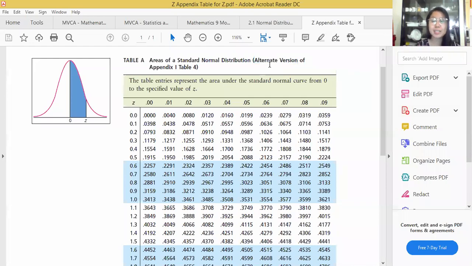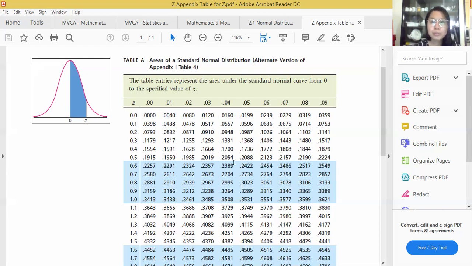How to read the Z table? It's very easy. Here, you look at the first whole number and the tenth place, the first decimal. This is in your vertical. The last decimal will be in the horizontal. You look at the meeting number, that will be the area under the normal curve.